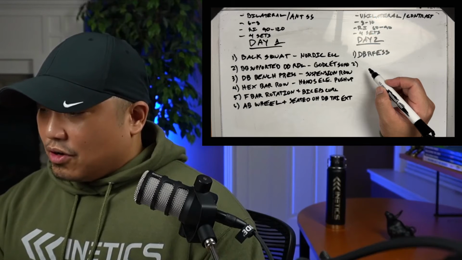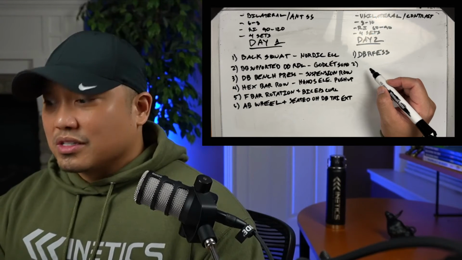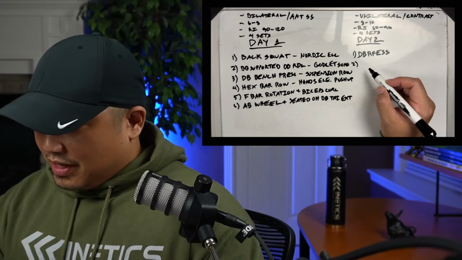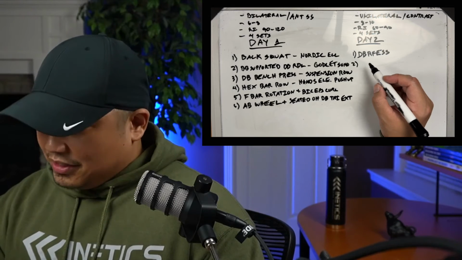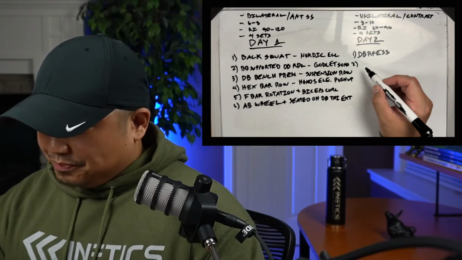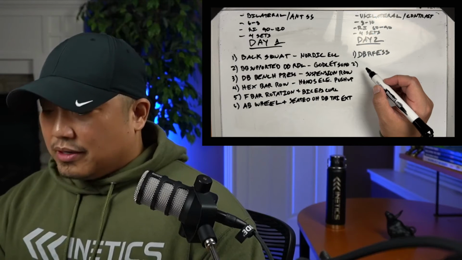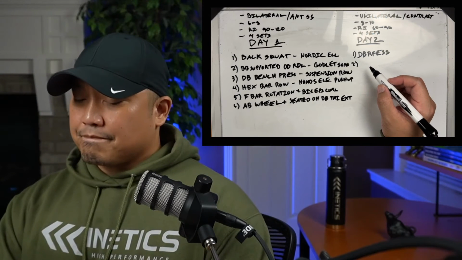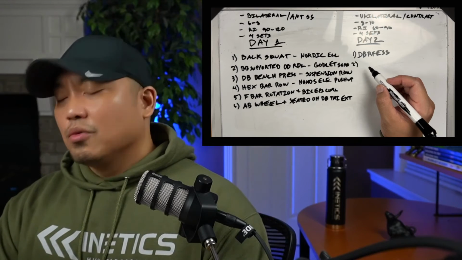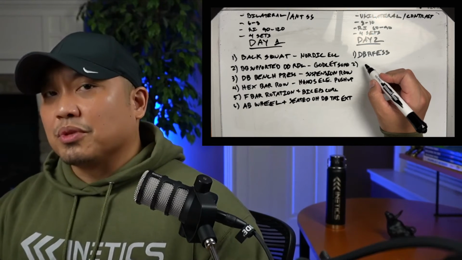Okay, so we've got the quads taken care of on that. Obviously, we're going to need some kind of a hinge pattern. Actually, you know what? Let's work in the frontal plane here.